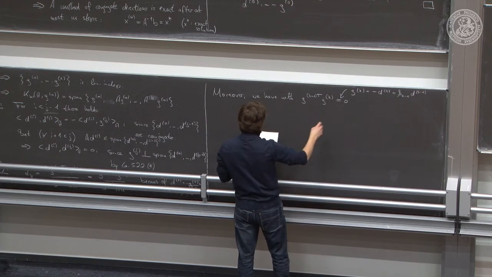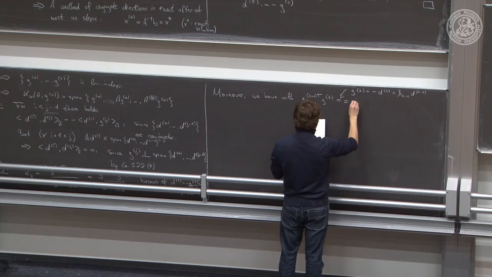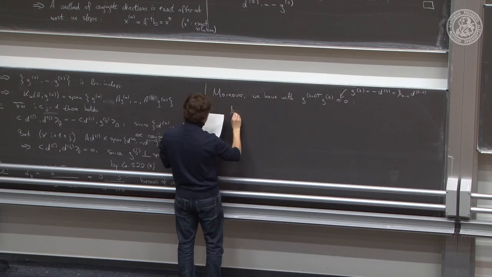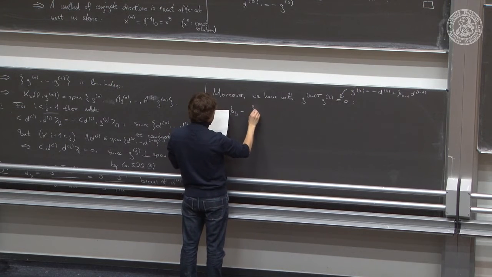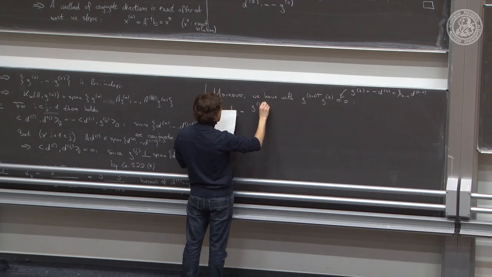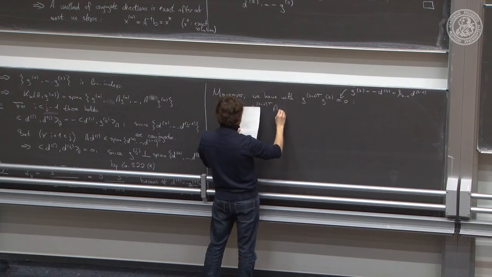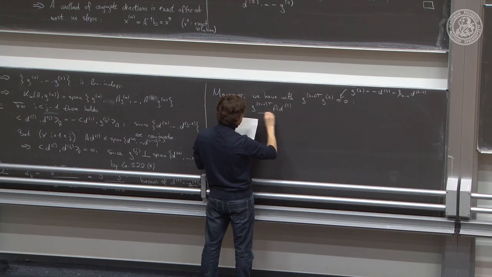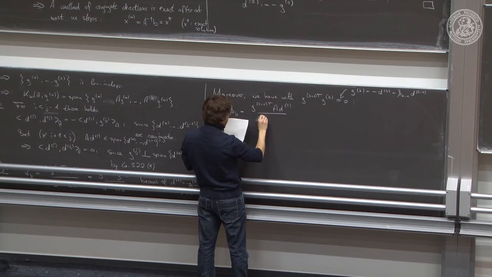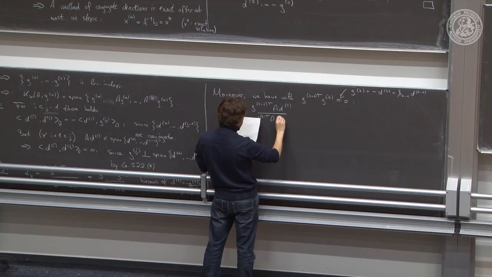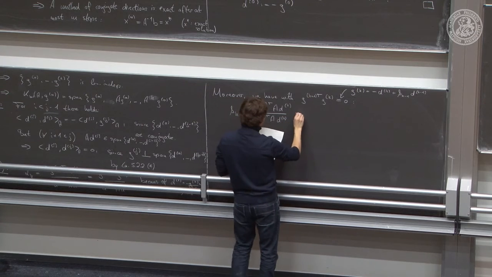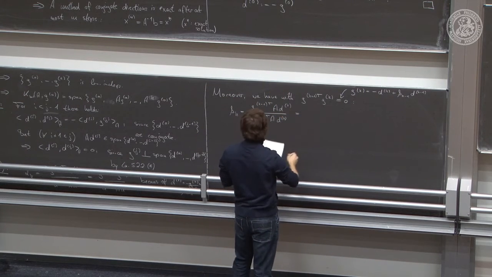So due to this, we have that beta_k is g_{k+1} transpose A d_k divided by d_k transpose A d_k. This is the definition here above.